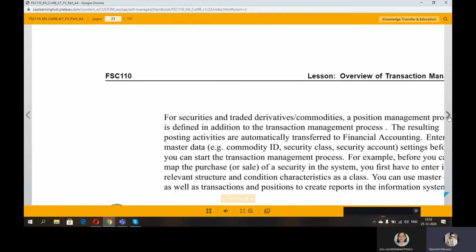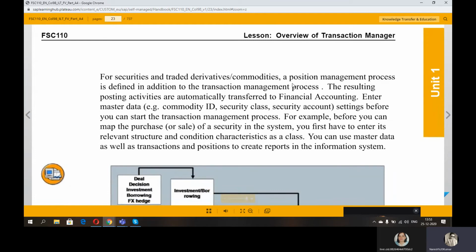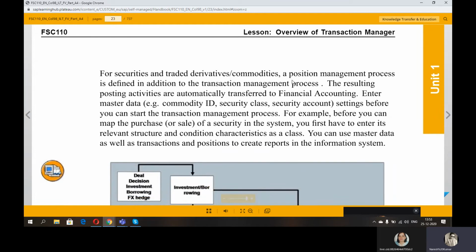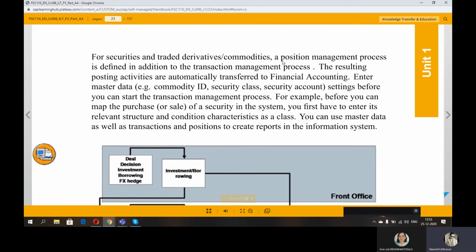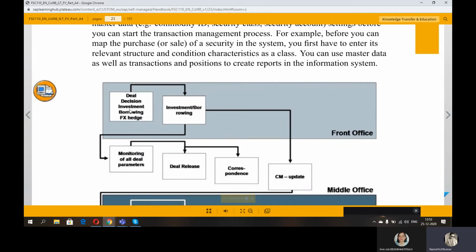So based on this, for securities, trade, derivatives or commodities, a position management process is defined in addition to the transaction process. So this is how it will be: a deal decision, investment, borrowing, forex hedge, and then it will go over to the investment or borrowing. So this is front office.